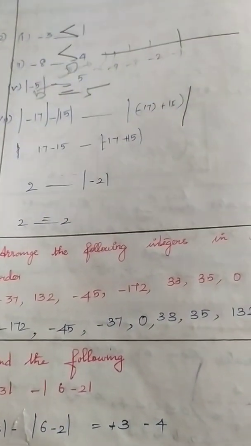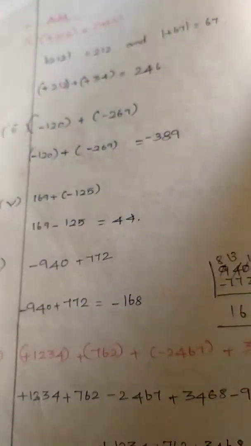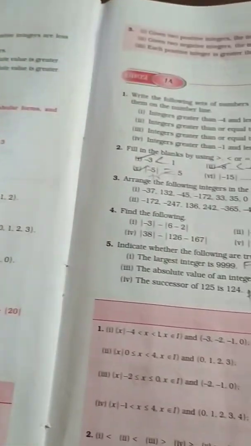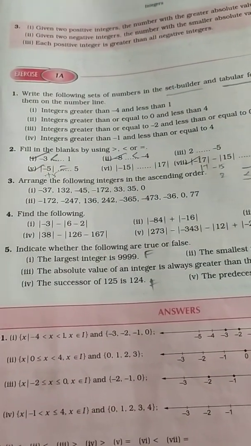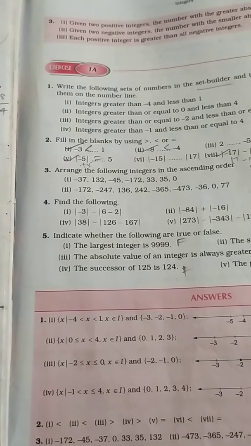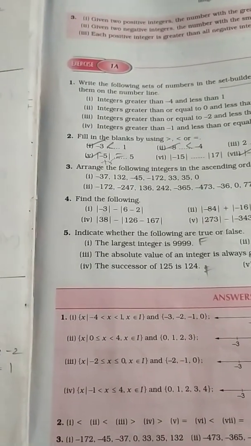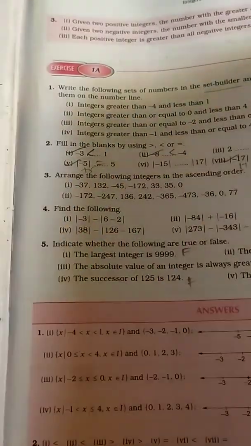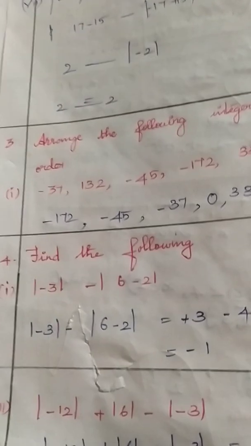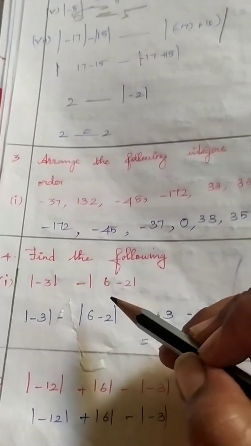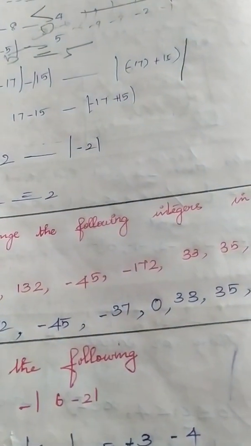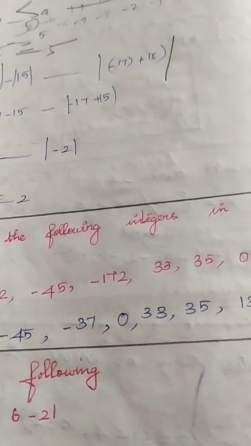A number on the right-hand side of the number line will be the bigger number. Left-hand side numbers will be smaller. And find the following. This is also an important problem. How to find it? Minus mod of minus 3, minus modulus of 6 minus 2. We already said that inside the modulus, even if you have a negative number, the answer becomes positive.